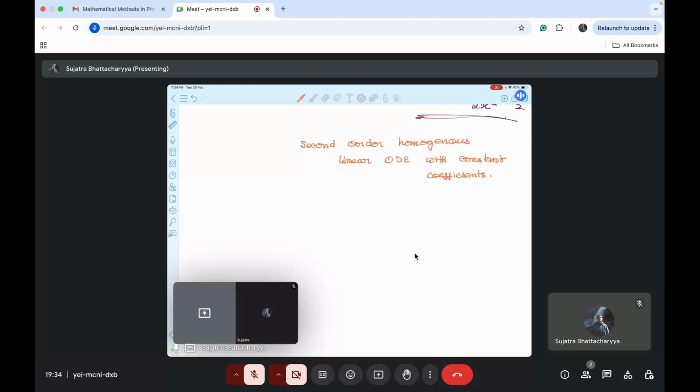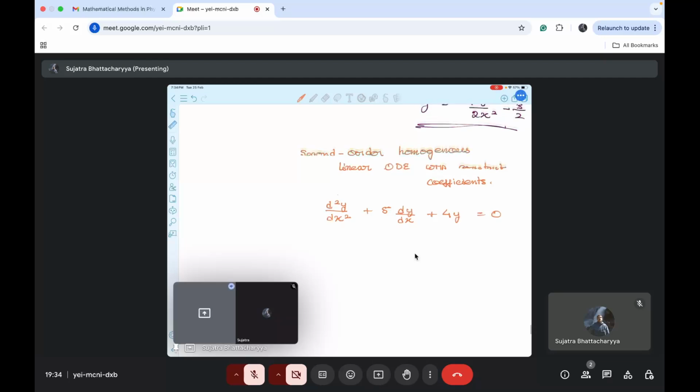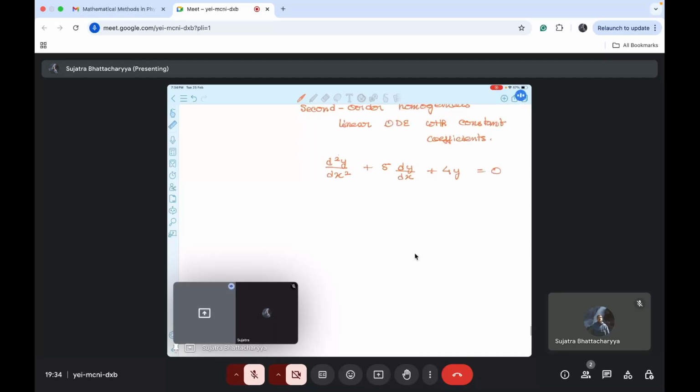Second order means something of this kind: d2y by dx2 plus 5 dy by dx plus 4y equals 0. You can clearly see the highest order of the derivative is 2. That's why it is second order.